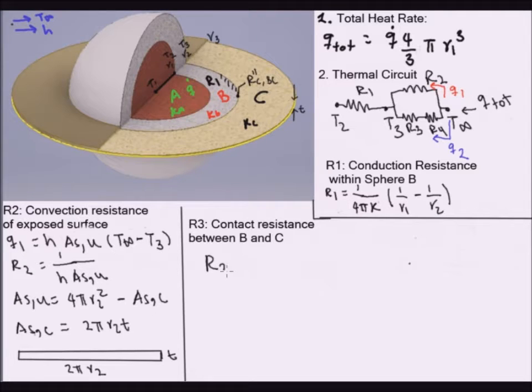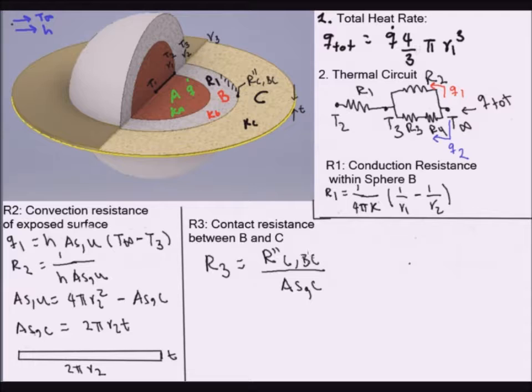So R3 will just be R_C divided by the area that is covered, A_S,C, which we developed an expression for here. And so it makes sense that the area is at the denominator, because the larger the area, well, the lower the actual resistance will be.